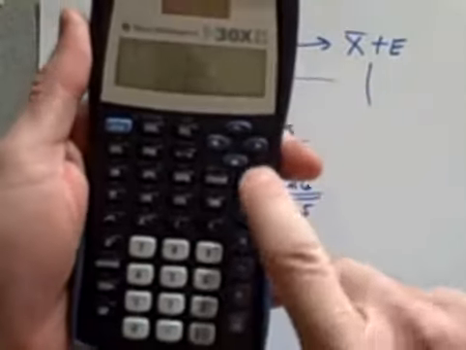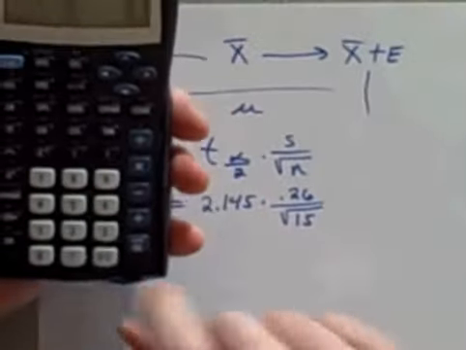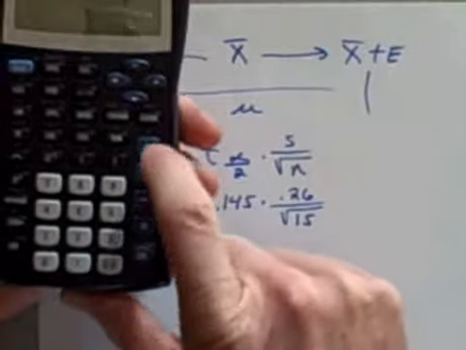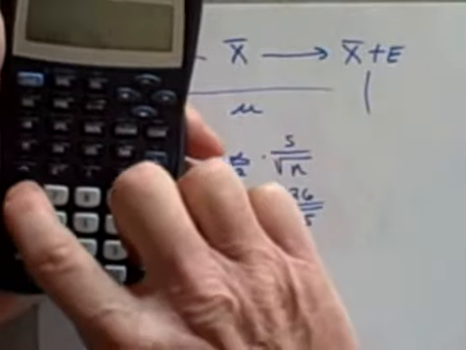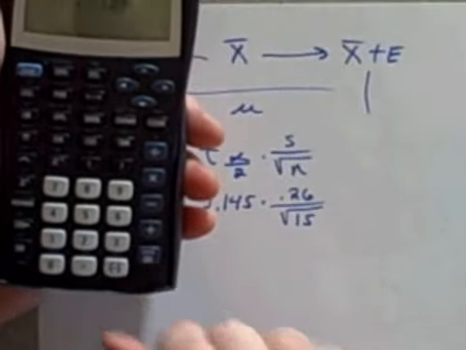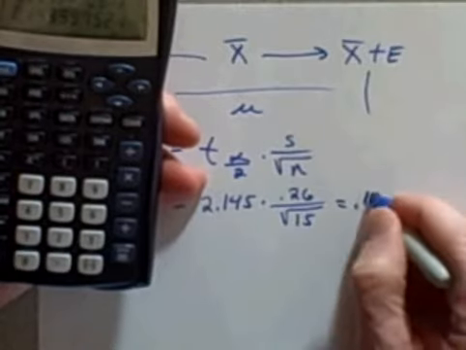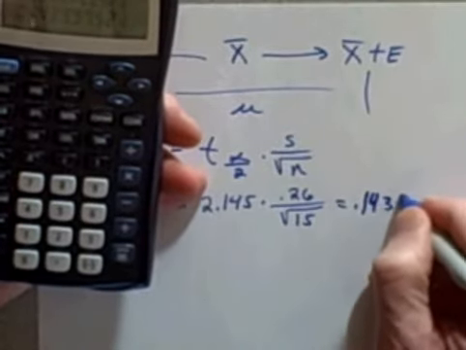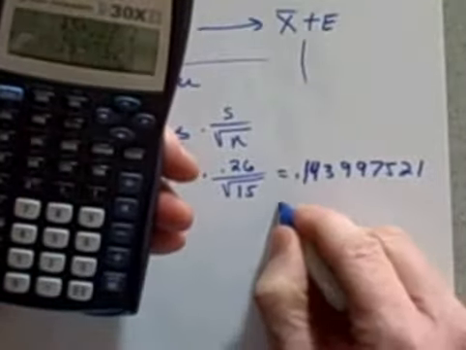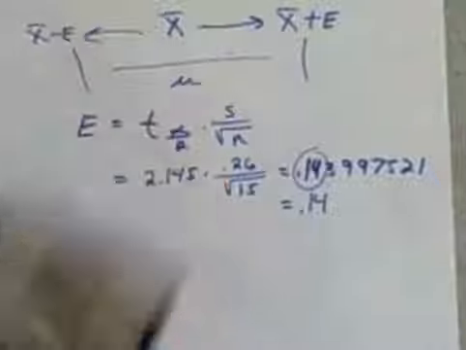According to my calculator, 2.145 times 0.26 divided by the square root of 15, close parentheses, is 0.143997521, which I'm going to round to 2 decimal places and just call that 0.14.